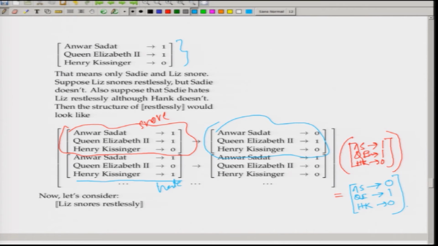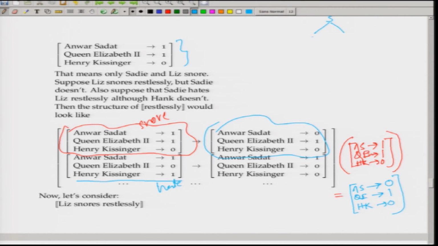This function will now take something and will return a value. So, we will see how the final computation goes on. We are here. Let us consider the sentence Liz snores restlessly. First, the generation of it is very simple.